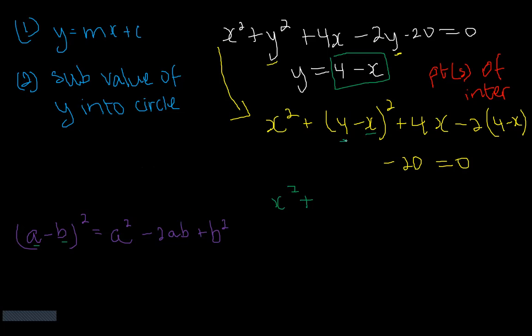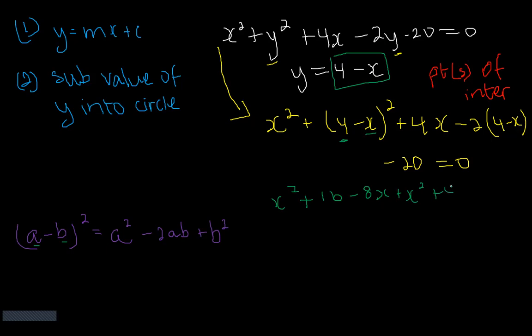If a is 4, I write in 4 squared, which is 16, minus 2ab. So a, which is 4, and b, which is x. A by b would be 4x. So minus 2 by 4x, that's minus 8x. Then it says plus b squared. B is x, so I'll put plus x squared.